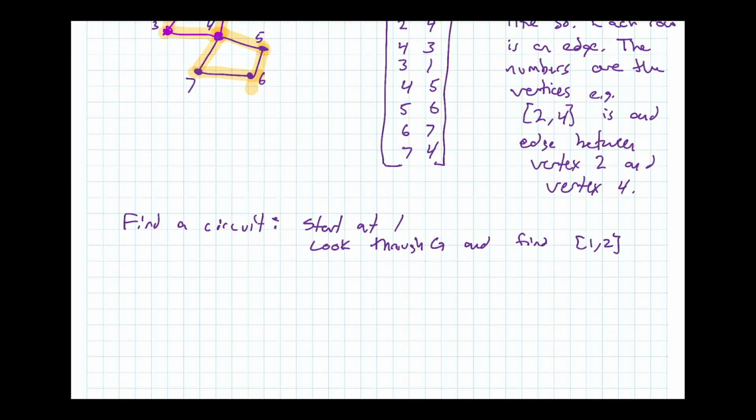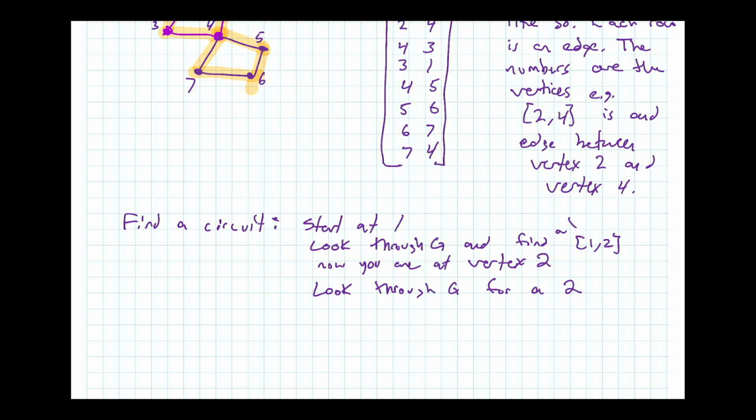So that tells you you started at 1, now you're at vertex 2. Then you look through G for a 2.